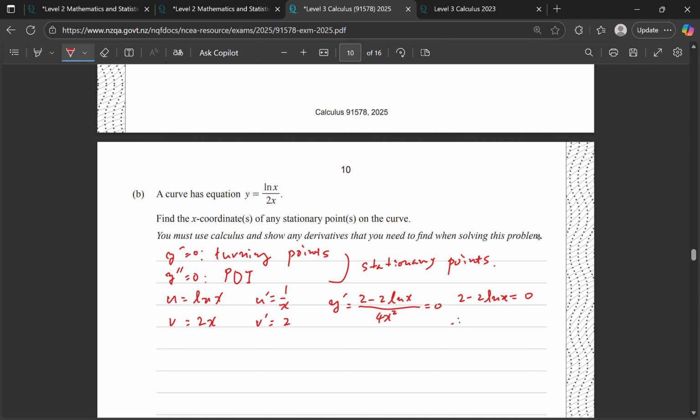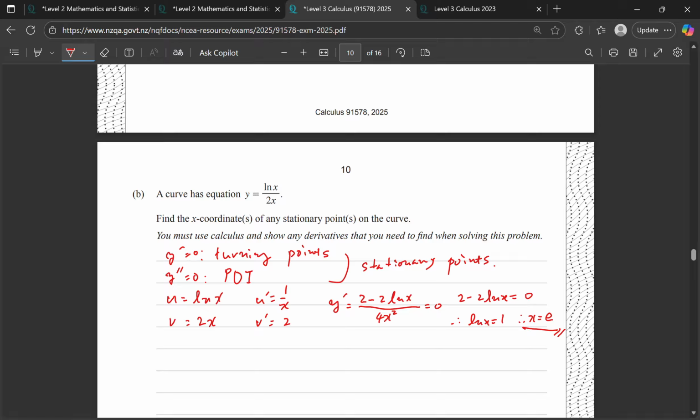Hence ln x must be 1, meaning x must be e, isn't it? Because it says x coordinates, you don't have to find the y value. So that was the turning point.